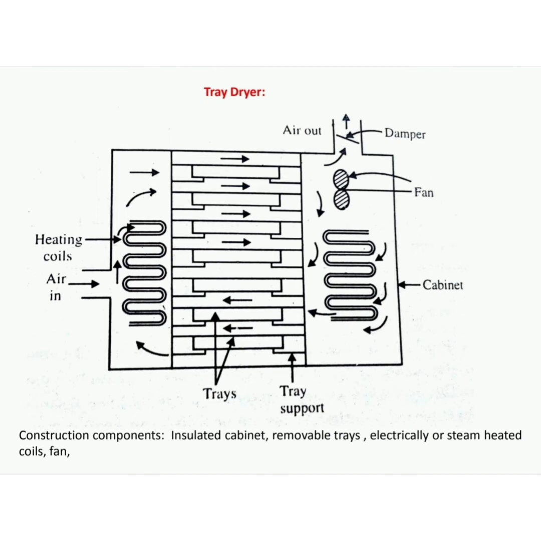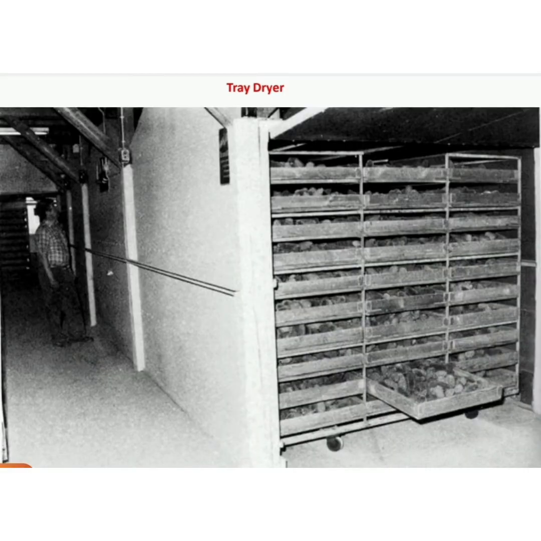Finally, the air is allowed to leave the cabinet through an outlet. This is continued until the solid is dried. The dried material is then removed and a new batch of the wet solid is loaded for the next operation. A typical tray dryer is as shown in the picture.